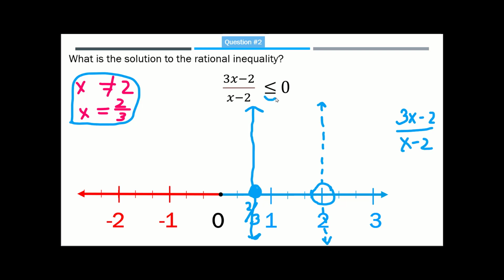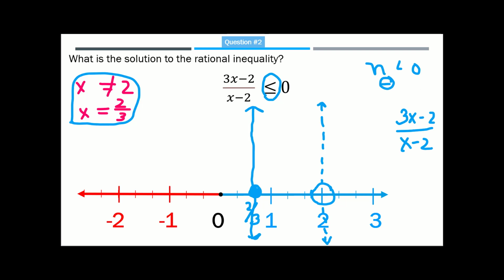Our inequality says it needs to be less than 0 or equal to 0. So a number that is less than 0 is negative. It can be 0 as well. So we're looking for a negative number.